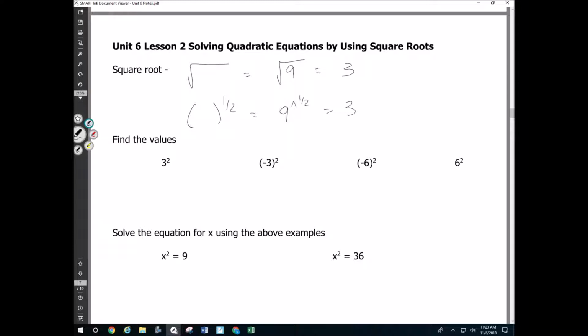You might have to put your fractional power in parentheses to get the same value.